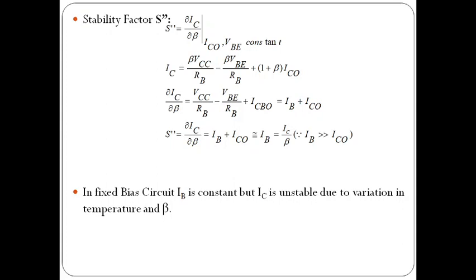So here we are making IB constant, but IC is unstable due to the variation in temperature and beta value. This is the drawback in the fixed bias. This drawback will be overcome by some other biasing technique. Okay, we'll discuss it later.